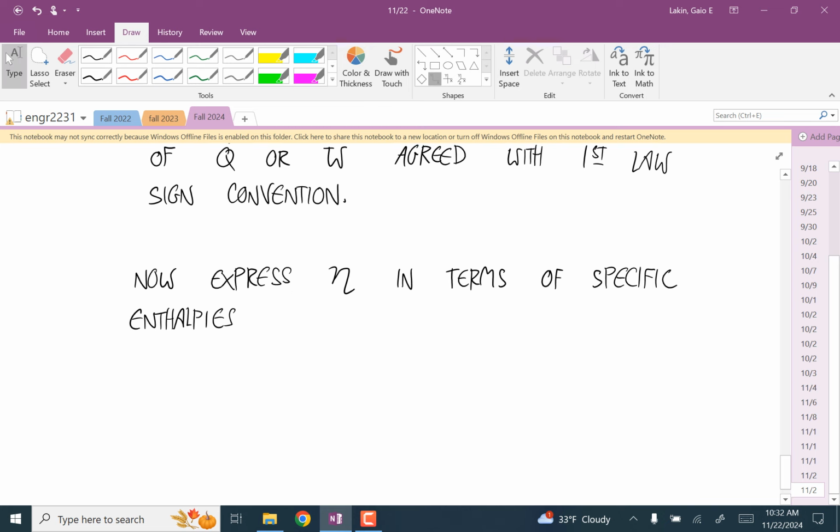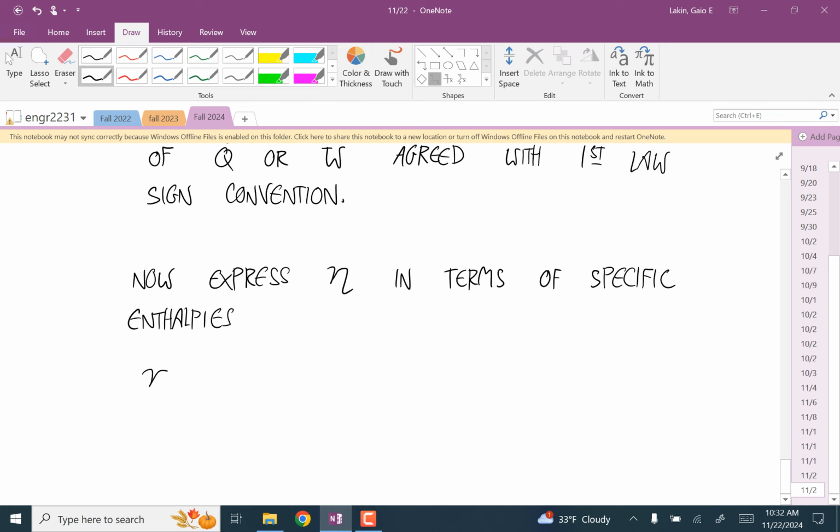So we're going to define the efficiency as, so remember going back to the definition of efficiency, think of it as the thing you're trying to produce divided by the cost of this energy you're producing.